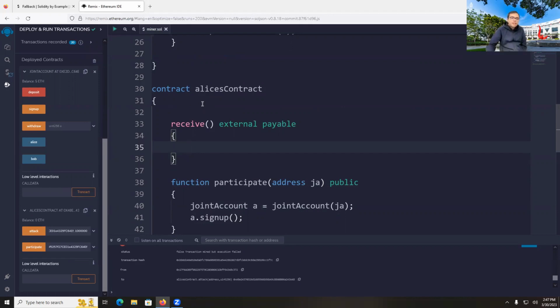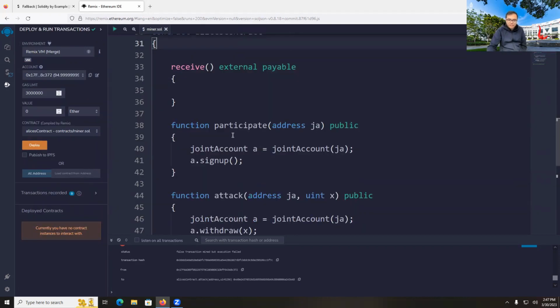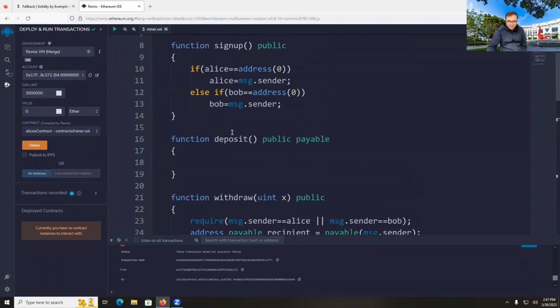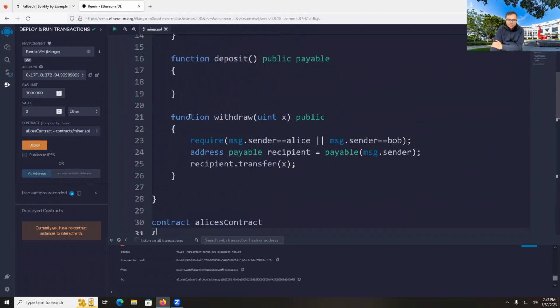Okay, but now we can have a more interesting kind of attack. So here's another idea. Let's say that I have this joint account, and whenever someone calls withdraw, instead of sending the money to the person who called withdraw, it's going to send half of the money to Alice and half of the money to Bob.